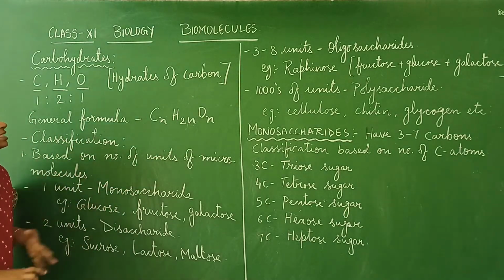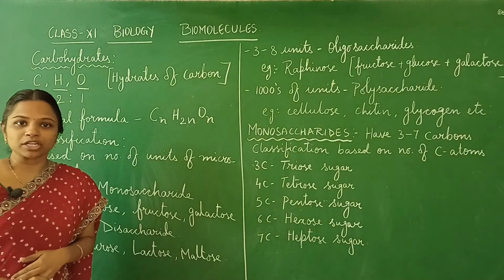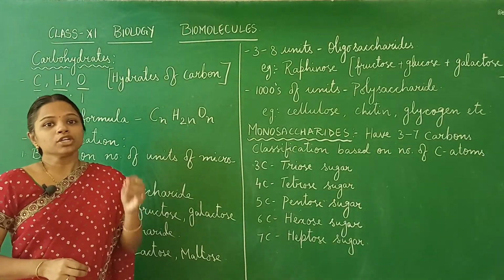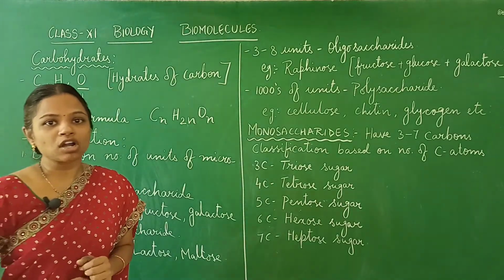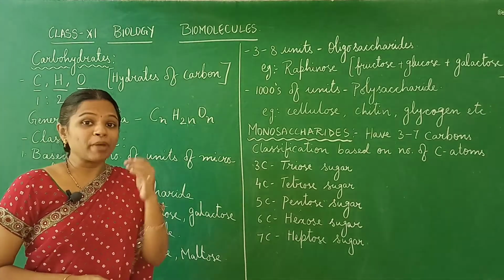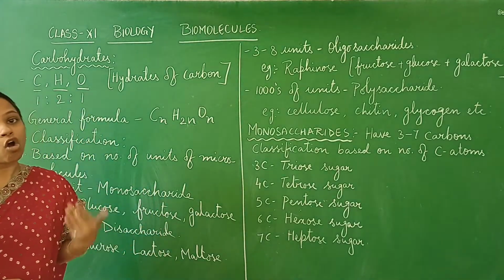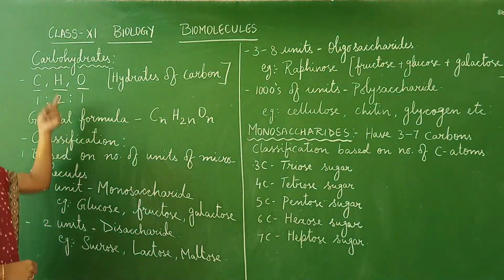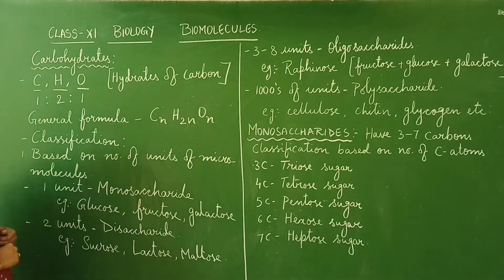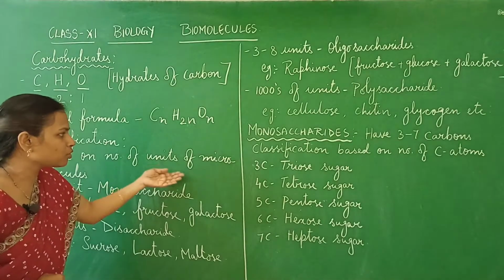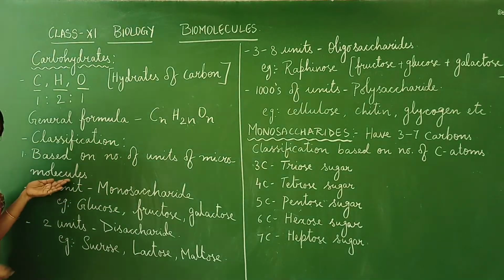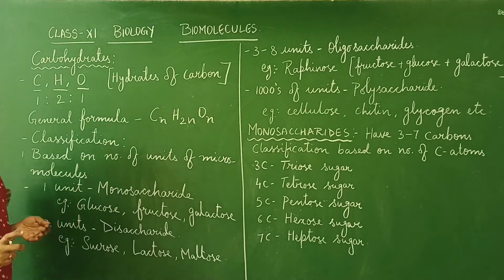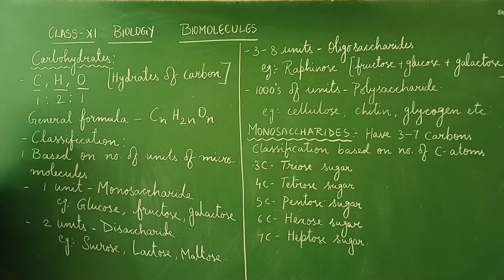Now, these carbohydrates are macromolecules which are made up of smaller units which are called the micromolecules. Based on the number of units of micromolecules present in that carbohydrate, we have a classification.